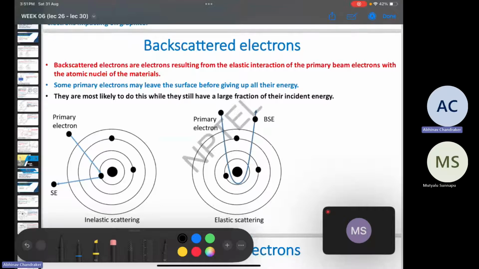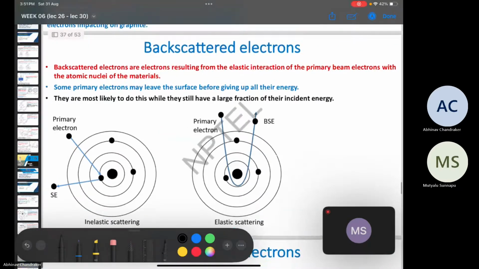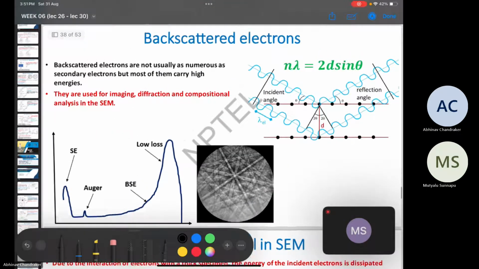We have already talked about the elastic interactions which lead to backscattered electrons, due to Coulombic interactions. We have talked about Kikuchi lines when we discussed TEM.